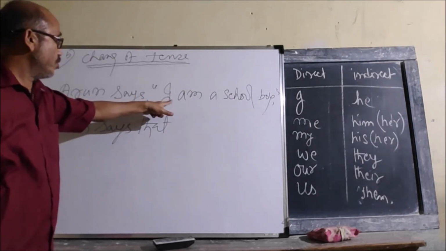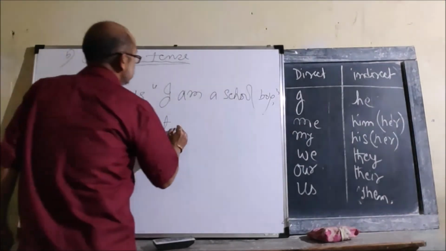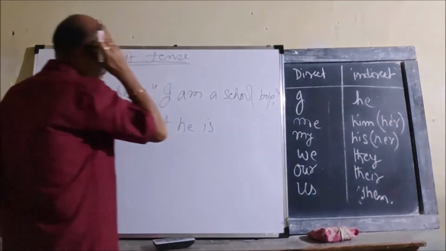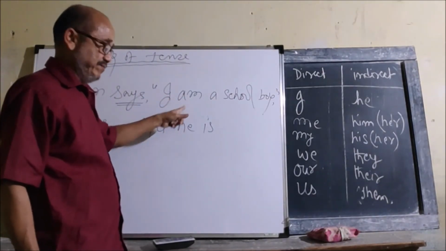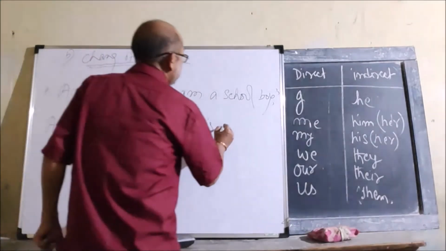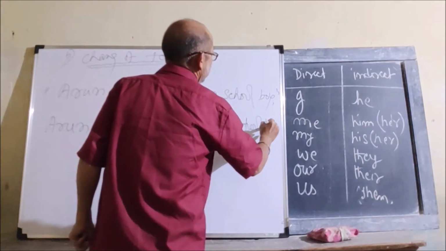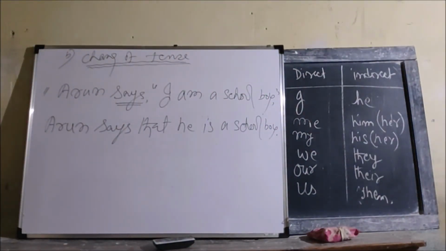So here for I we can use he. With he there is "is", but with I there is "am". He is a schoolboy. Arun says that he is a schoolboy.